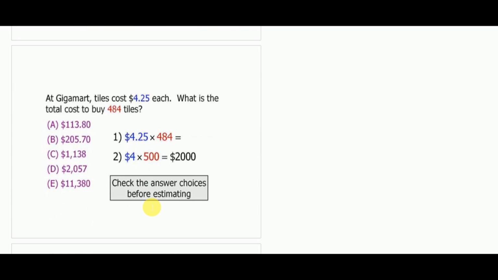So one thing to notice is that you should always check the answer choices before estimation. Let's say your answer choices were A, 2000, B, 2010, C, 2020, D, 2030, and E, 2057. Now see, the gaps between these options are really small.